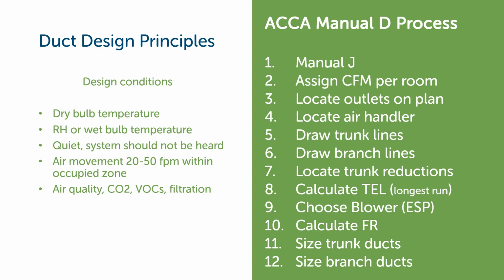We'll locate any reductions in the trunk on the plan. We'll use that plan to calculate the total effective length of all our ducts and fittings based on the longest run. We'll use that to choose a blower, and we'll calculate the friction rate to size the ducts. So that's the basic process, and those are the basic design conditions.